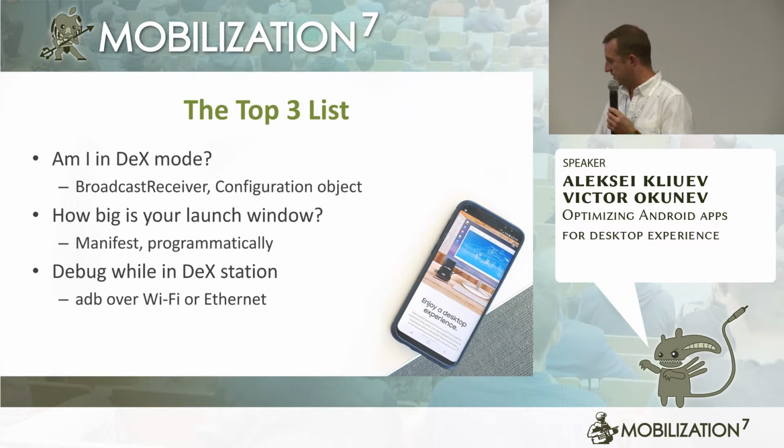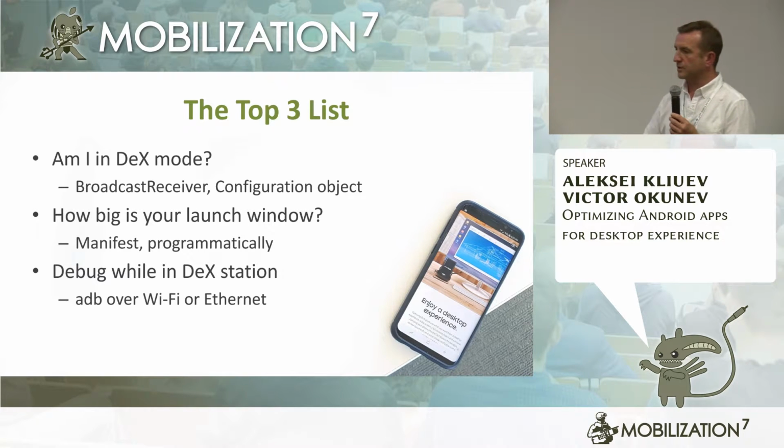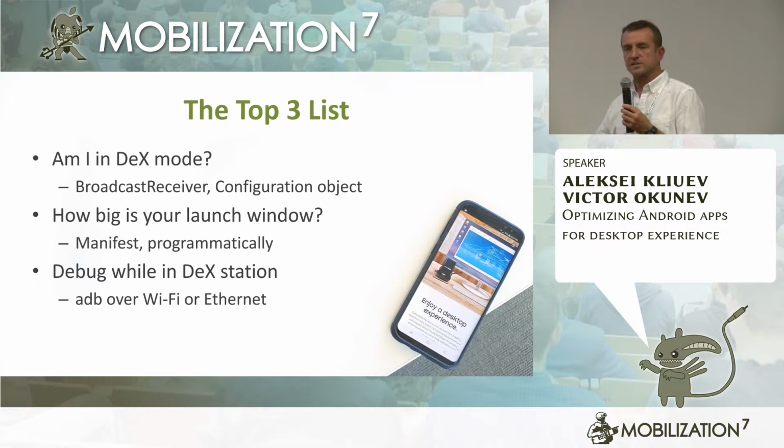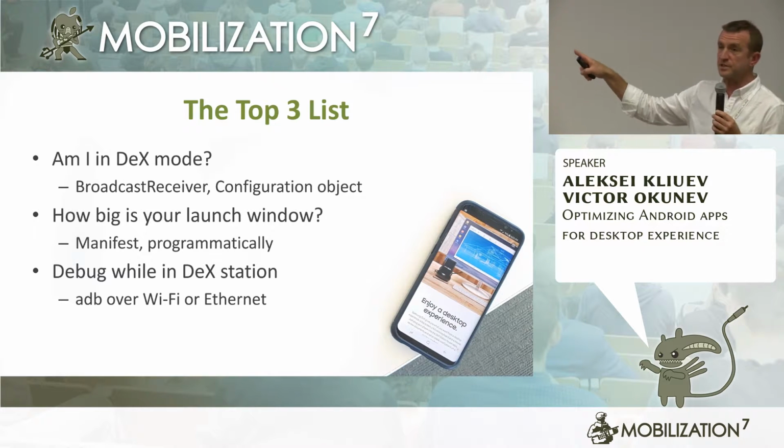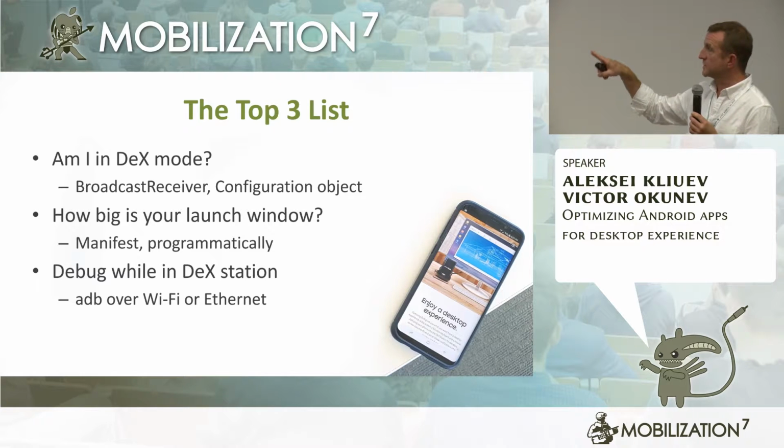Like right now the device is plugged into the DeX station, but if you want to use your notebook to build the code and then deploy the APK to this device, it almost sounds like you have to unplug it, plug it to the cable, deploy the APK, then plug the device back to the DeX station. You actually don't have to do that. ADB, Android Debug Bridge, does support deployment over Wi-Fi or Ethernet.